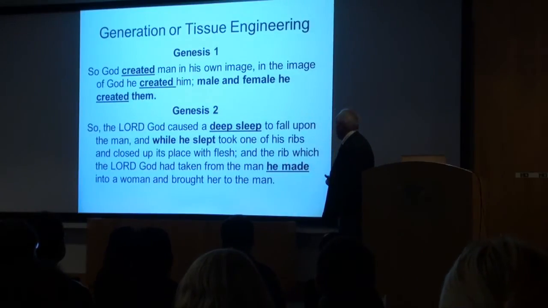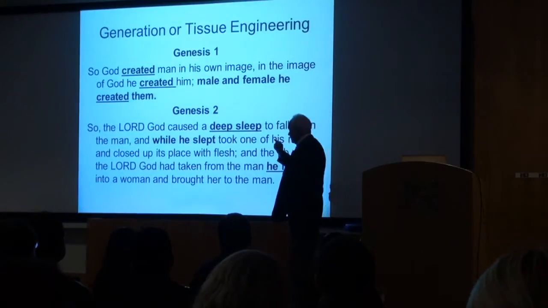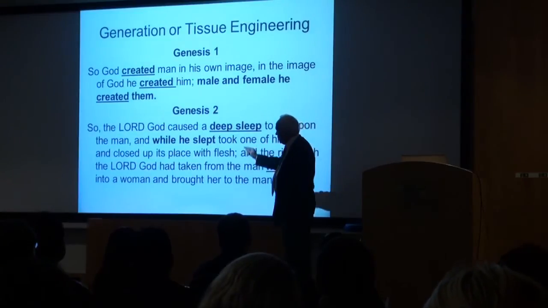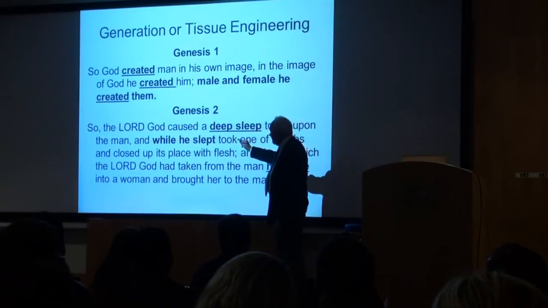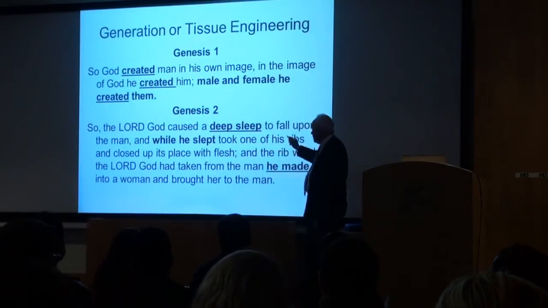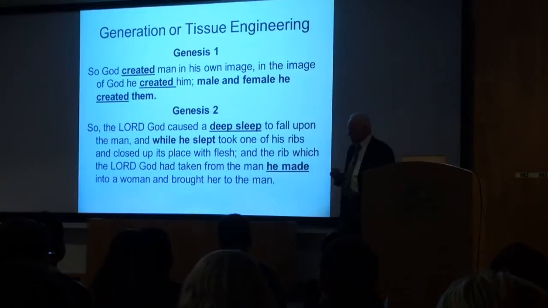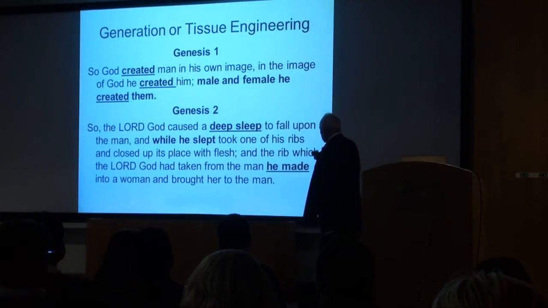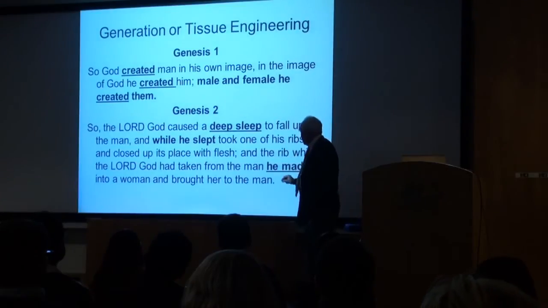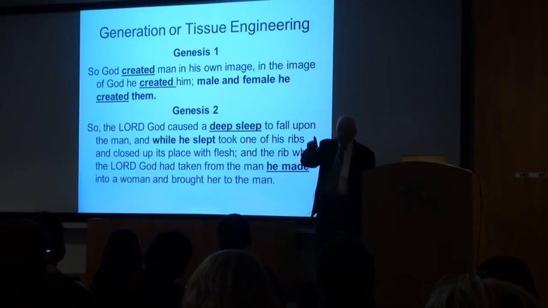And he was a very good anesthetist, because he didn't touch him while he slept. Only while he slept he took one of his ribs. He did the surgery. And then it's written very well that he made it into a woman, not created.